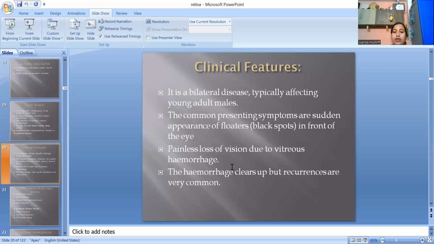But when they show up to the clinic, the situation has worsened, with severe vitreous hemorrhage causing loss of vision. Hence, Eales disease is detected very late in most cases, because in early stages, when it appears as black spots or floaters, patients mostly overlook the condition and come to the clinic at very late stages.